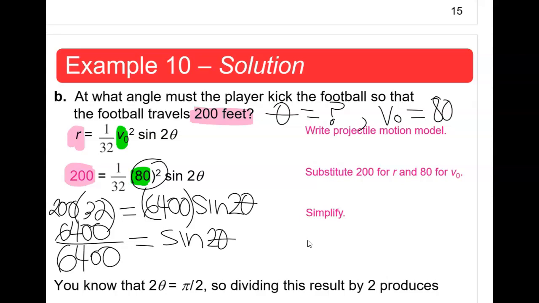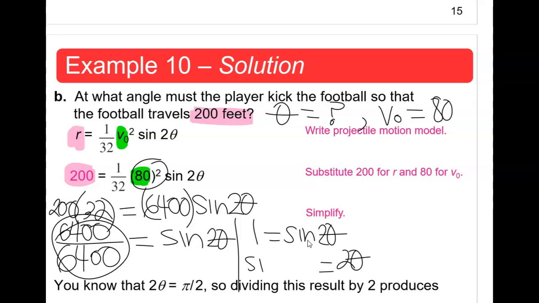So that is how we simplify it. And we all know that here, this is going to equal 1. So we have 1 is equal to sine of 2 theta. And so if we take the sine inverse on both, we will get that 2 theta is going to be the sine inverse of 1.